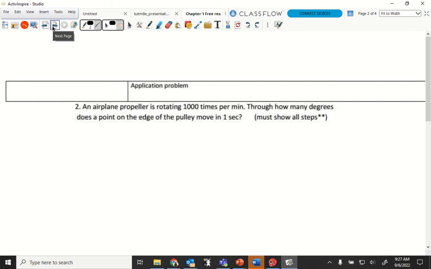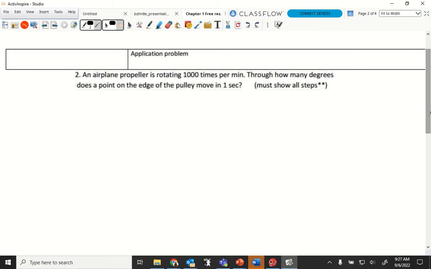Number two. An airplane propeller rotating 1,000 times per minute. Through how many degrees does a point on the edge of the propeller move in 1 second? Okay. So, let's see. What is one rotation? 360, right?